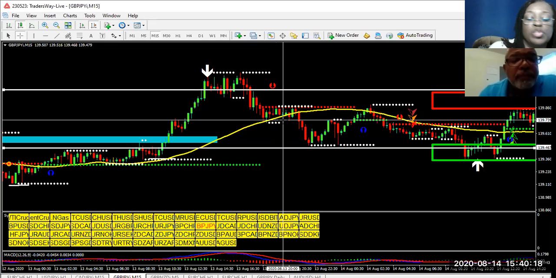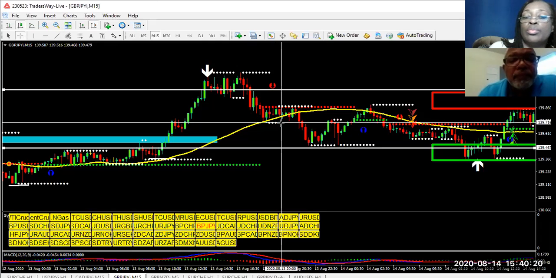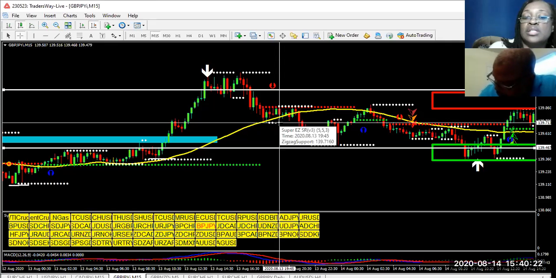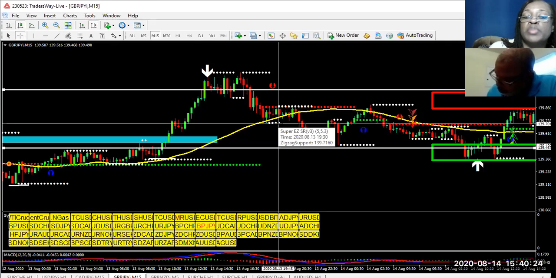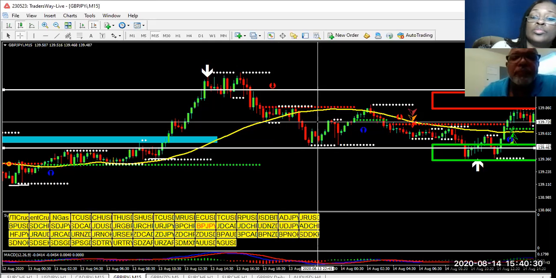Because if it doesn't close below the dots, you're still going to have to deal with them. So just wait for it to close below the dots, and then take the trade.